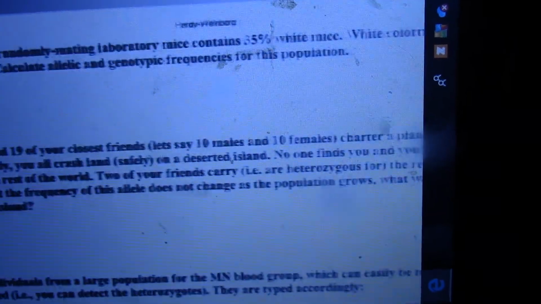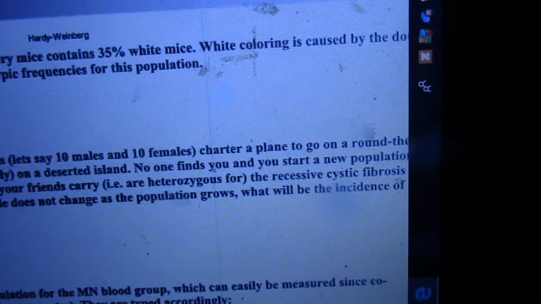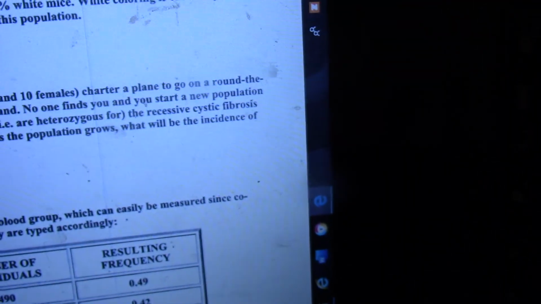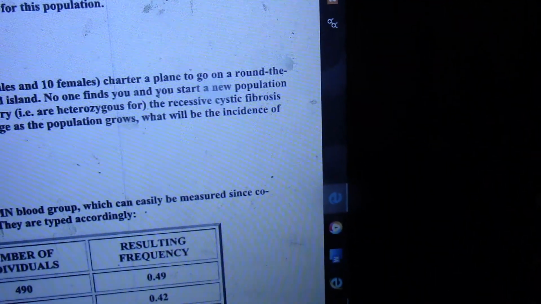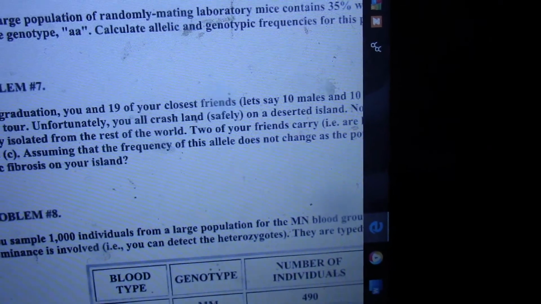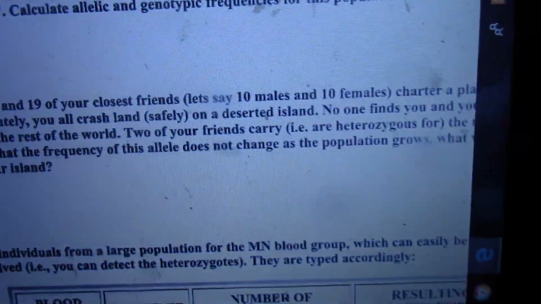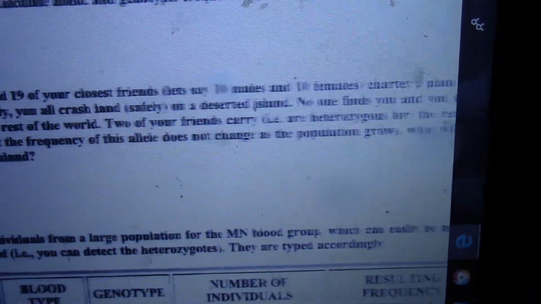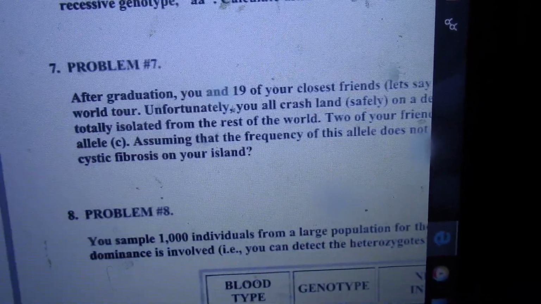2 of your friends carry the recessive cystic fibrosis allele. So 2 of your friends are this. Big C, little c. Okay. So assuming that the frequency of this allele does not change as the population grows, what will be the incidence of cystic fibrosis on your island?